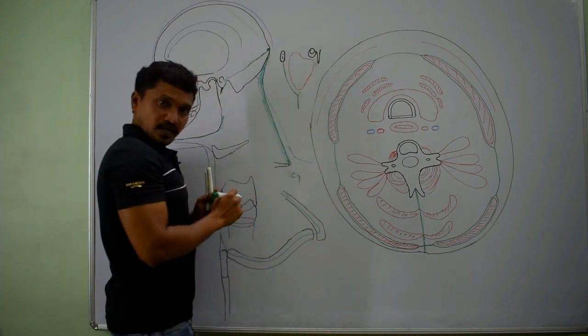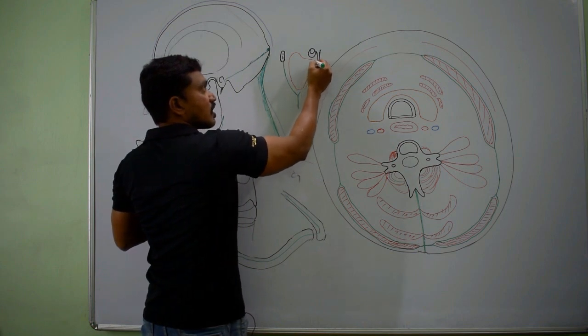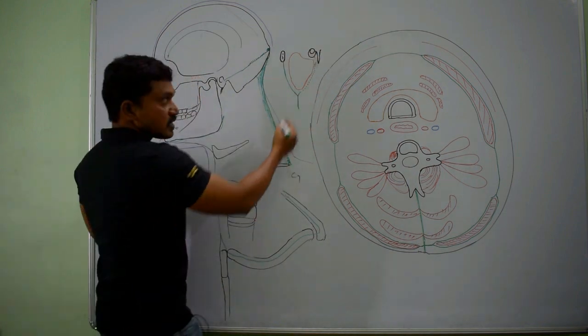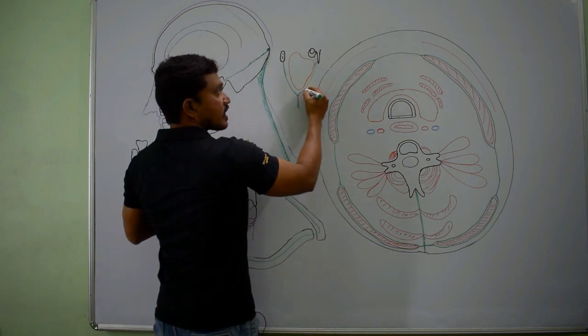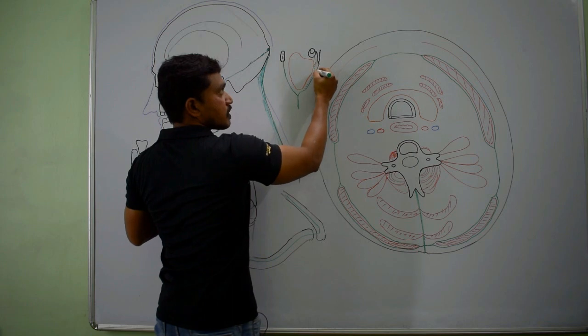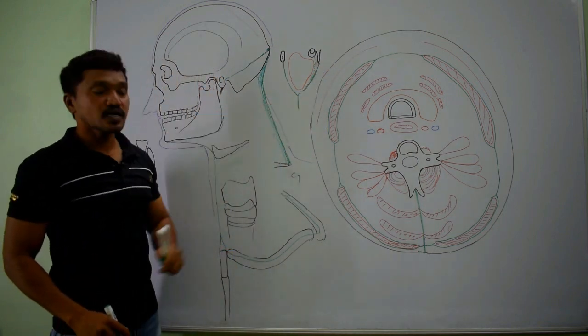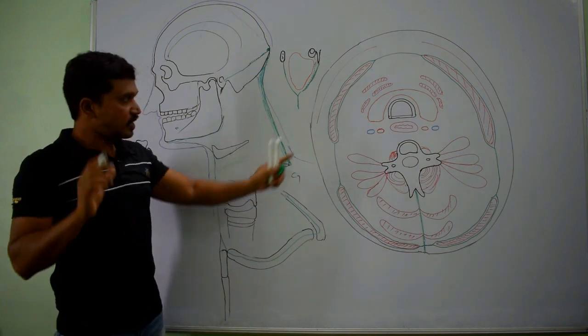Then the deep layer, it is very loose and it is attaching to the tympanic plate. This deep layer again will be thickened and forms one more ligament. That ligament we call stylomandibular ligament.